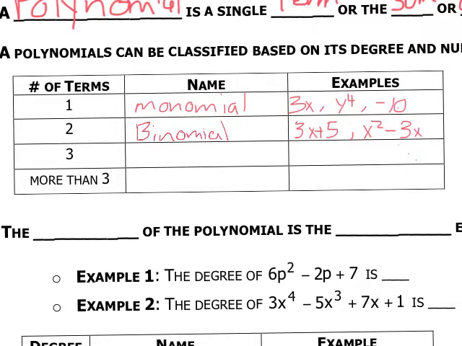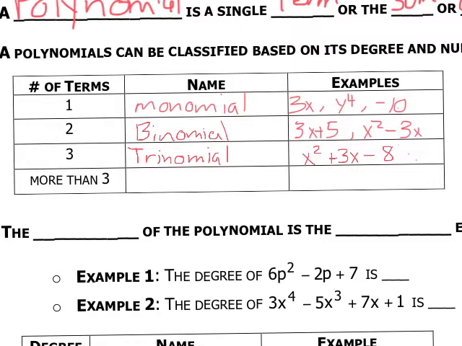Binomial has two terms, and then you can probably guess that when we go to three terms, it would be a trinomial, just like when you add another wheel onto a bicycle and call it a tricycle. That would be something like x squared plus 3x minus 8.